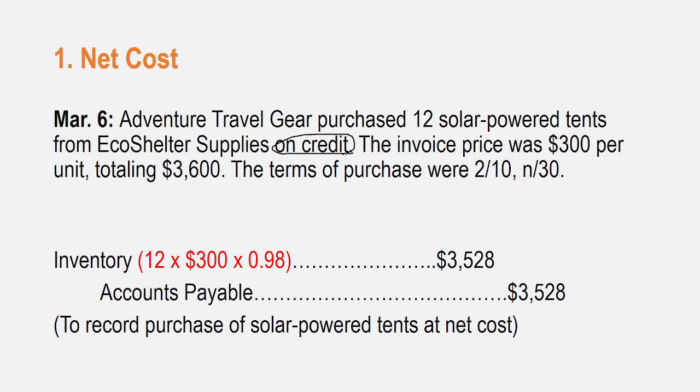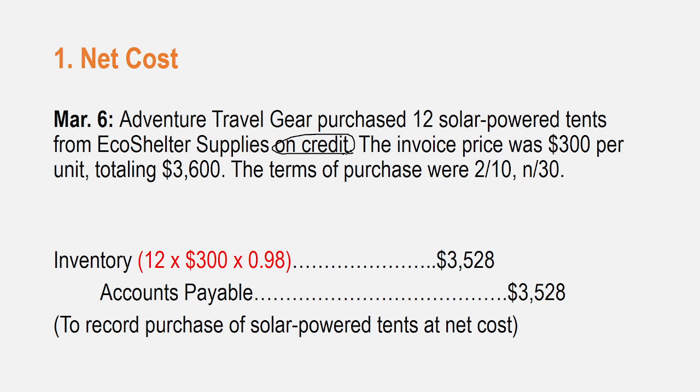The net cost per unit is calculated as $300 multiplied by 98%. So the total is 12 units multiplied by $300 each multiplied by 98%, where 98%, or 0.98, represents the remaining amount after the 2% discount.